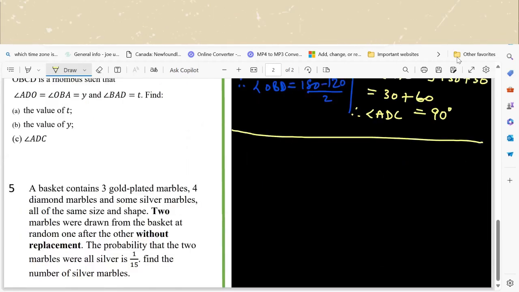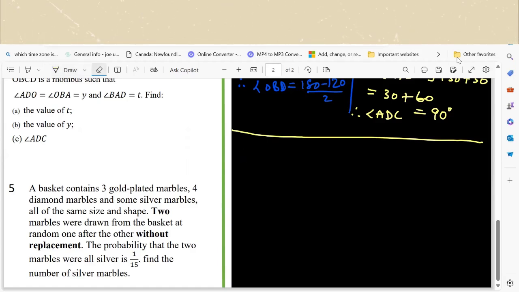Question number 5, we are told that a basket contains 3 gold-plated marbles, 4 diamond marbles and some silver marbles. Now, what we do here is gold-plated marbles 3, number of marbles, okay?